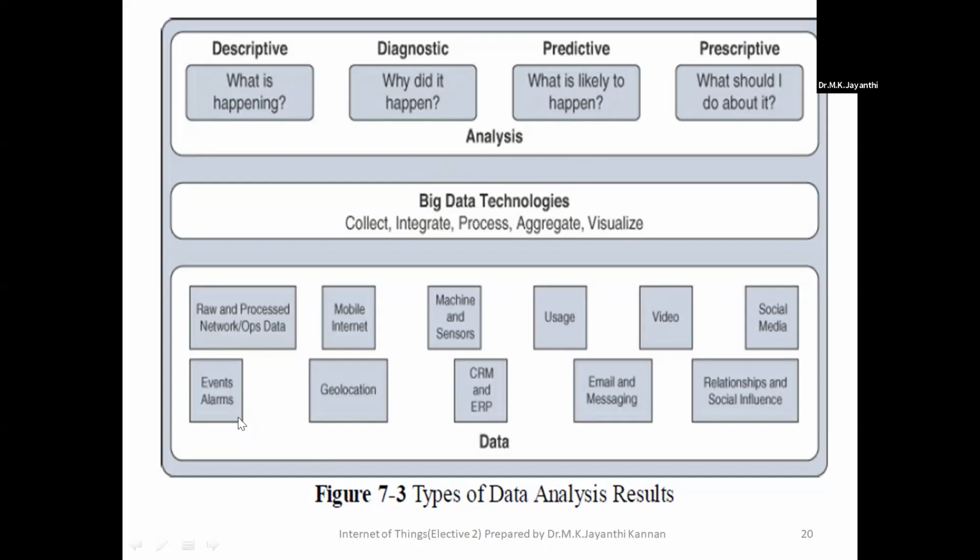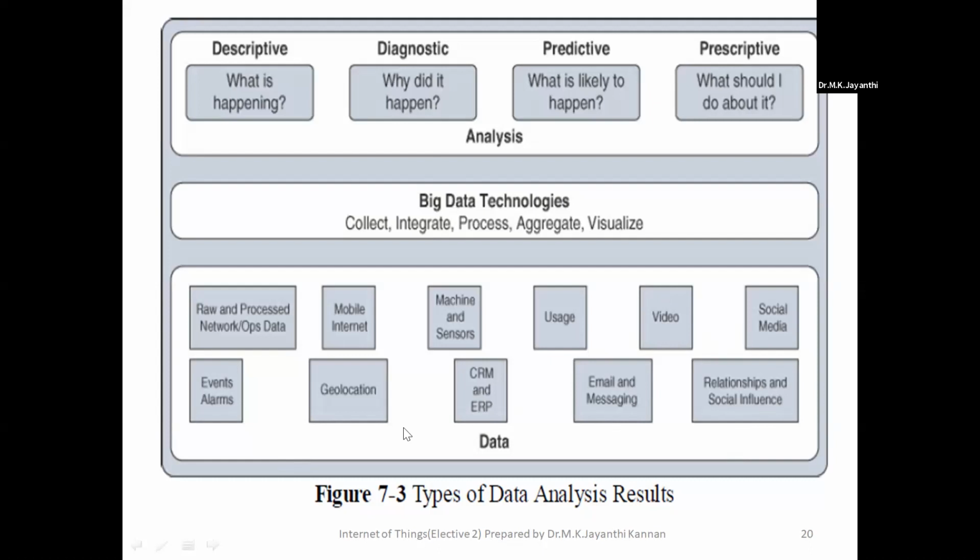We'll have alarm system data, or mobile internet data, or machine and sensor data, or any usage data, or data received from video streaming, and social media data, or relationships and social influence kind of data, email and messaging data, CRM, customer relationship management, and ERP, enterprise resource planning data, or we'll have the geolocation data.